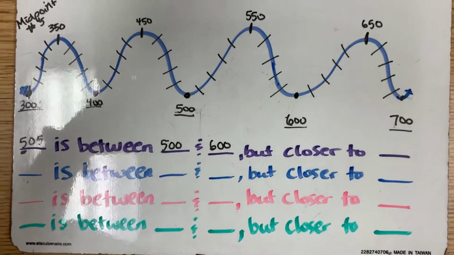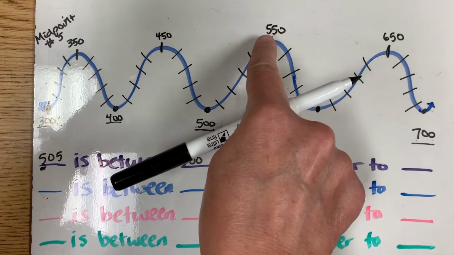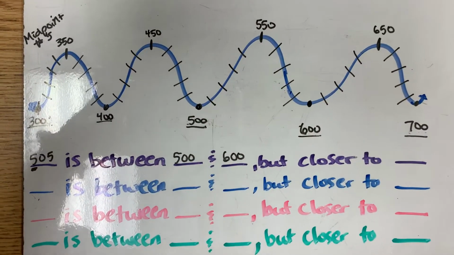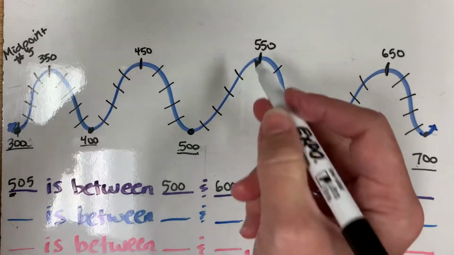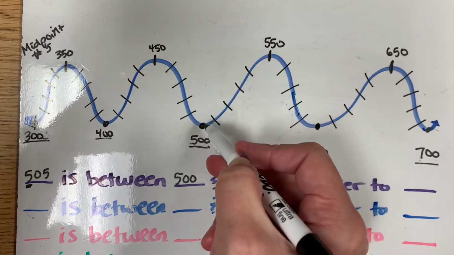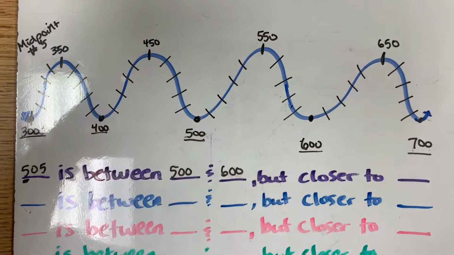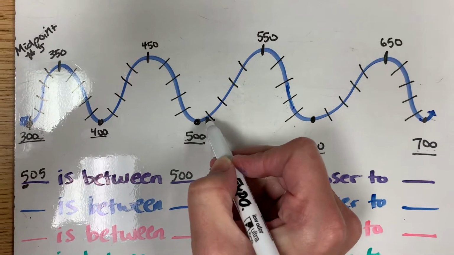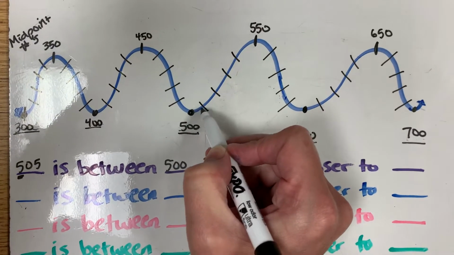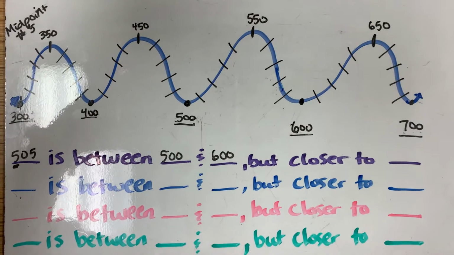Now, remember, you're supposed to ask yourself, is 505 less than, equal to, or greater than my midpoint? It's less than. So we know that 505 is going to be somewhere between 500 and 550. Remember, we said these are valued at 10. So between here and here, we could have 501, 502, 503, all the way to 509.